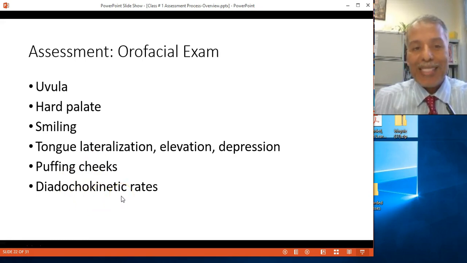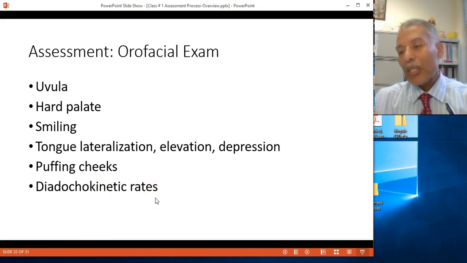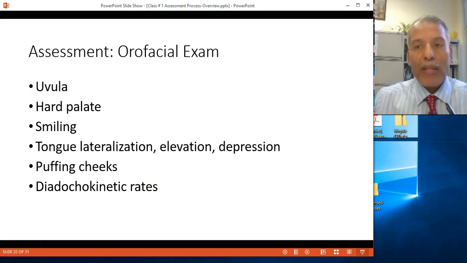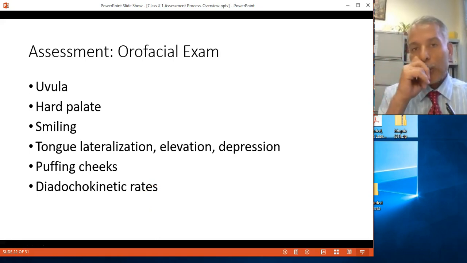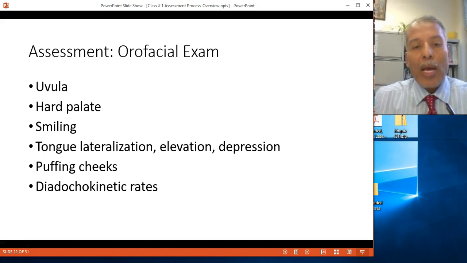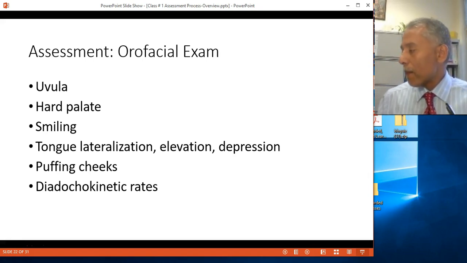Diadochokinetic rates. These are simple syllables, individual syllables, and then you combine them. You calculate them basically by using dots.